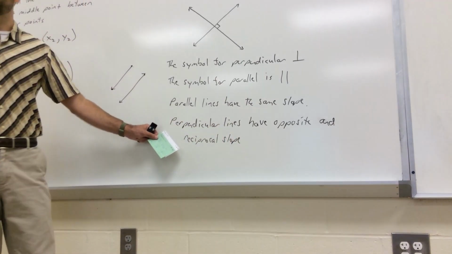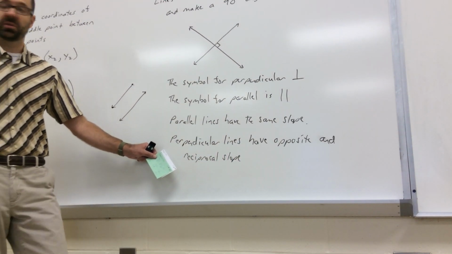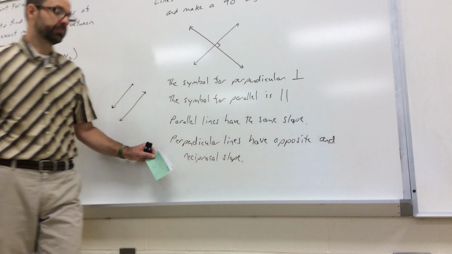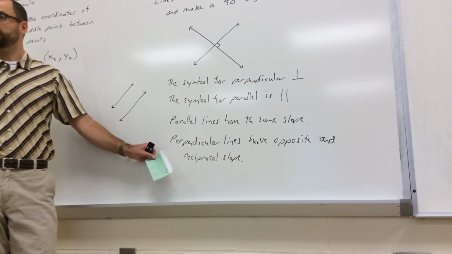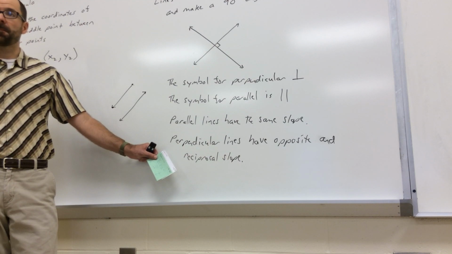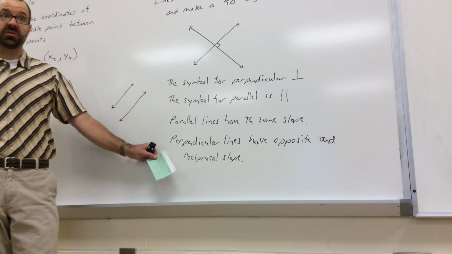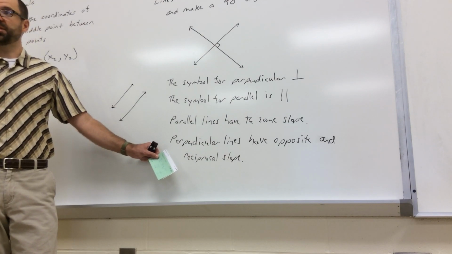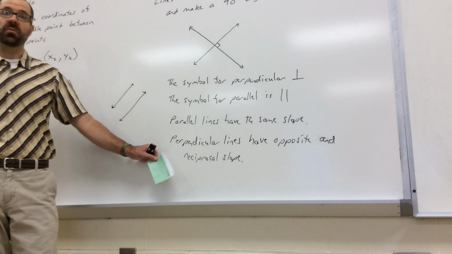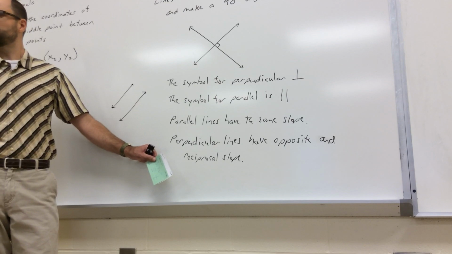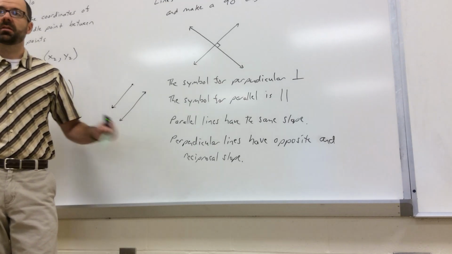Perpendicular lines have opposite and reciprocal slope. And that's a little bit confusing to people, so I need to explain what opposite and reciprocal means. So first of all, what does opposite mean?